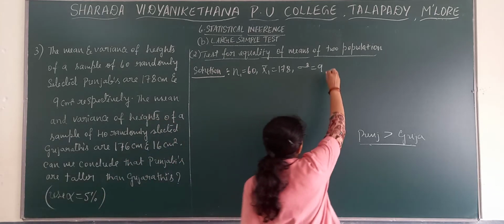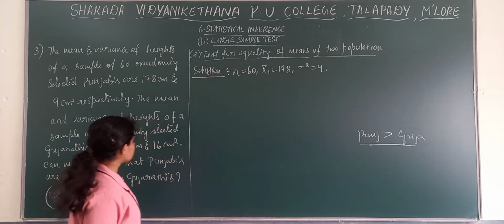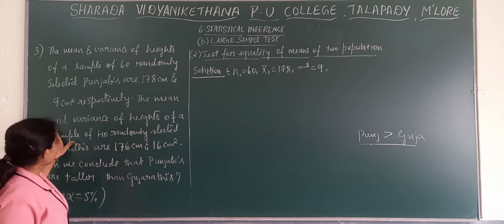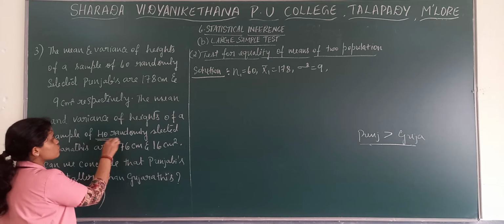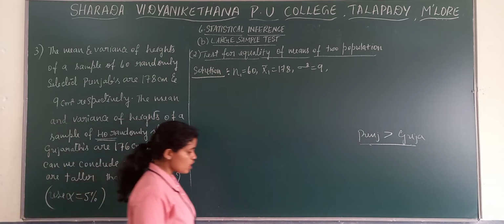Now take the second sample there. The mean and variance of heights of a sample of 40 randomly selected students.